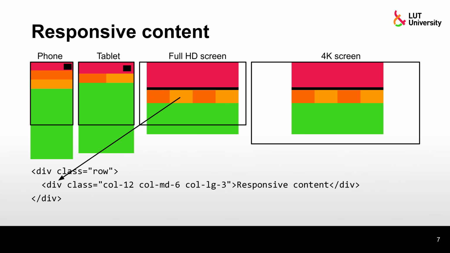And in the larger screen it's taking 25%, meaning 3 out of the 12 units, so 1/4. This is the key idea of this kind of grid system provided by Bootstrap and Materialize, and even basic plain CSS can let you build this kind of a system. Let's have an example on this.